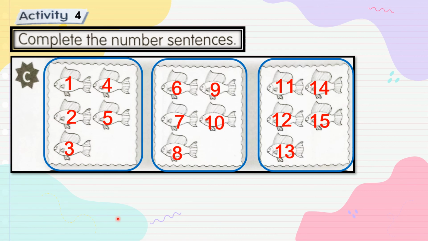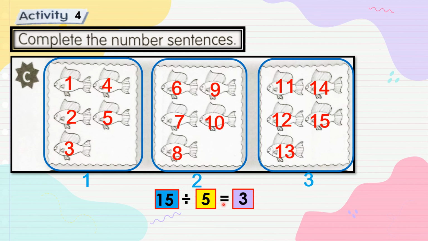Let's write the number sentence. 15 divided by 5 is equal to missing number. What's the answer here? Let's count. How many groups are there? 1, 2, 3. So the answer is 3. 15 divided by 5 is equal to 3. Let's inverse to multiplication number sentence. 3 times 5 is equal to 15.